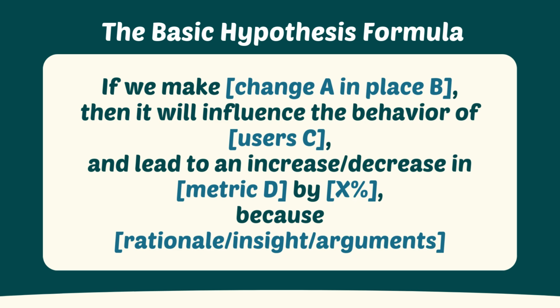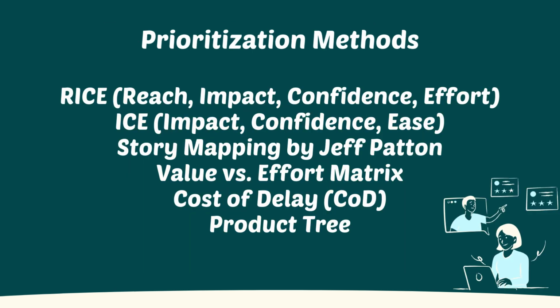Since A/B testing is time-consuming and resource-intensive, prioritizing your hypotheses is essential. Prioritization methods. There are many ways to prioritize hypotheses and tasks. Here are some of the most widely used methods. RICE: Reach, Impact, Confidence, Effort. ICE: Impact, Confidence, Ease.